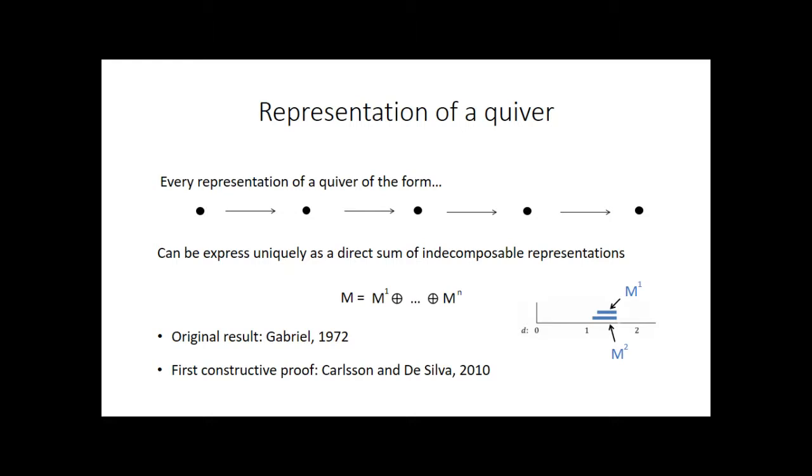So what I wanted to say is that even if it had this intuitive meaning, it has actually motivated some mathematical results. So this decomposition theorem originated like 40 years ago, and it's well known since then. But thanks to the interest in persistent homology, some new results have appeared. So for example, the first constructive proof of this result, which does not only give you the existence of the decomposition, but also gives you a way of calculating it, was done only 10 years ago.